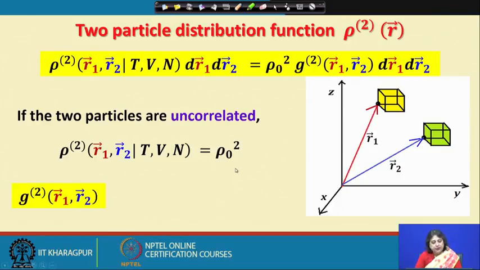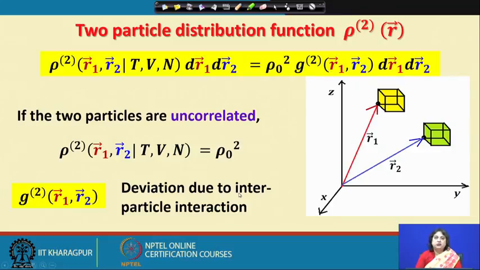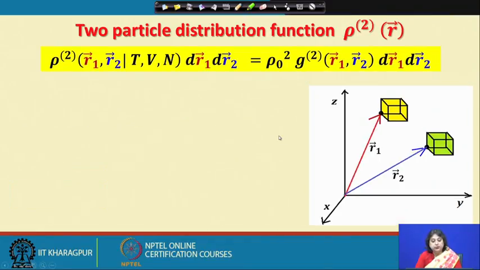And then I would identify from this definition what exactly G2 means. G2 actually is telling me that this would be the deviation in the observed probability distribution of rho 2 due to the interparticle interaction between my particle 1 and particle 2.